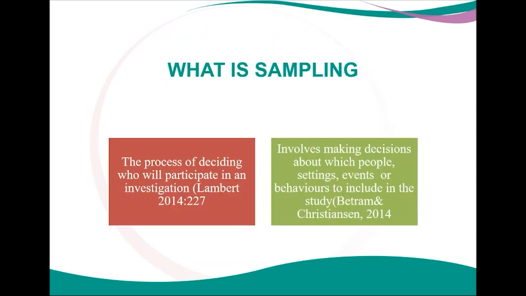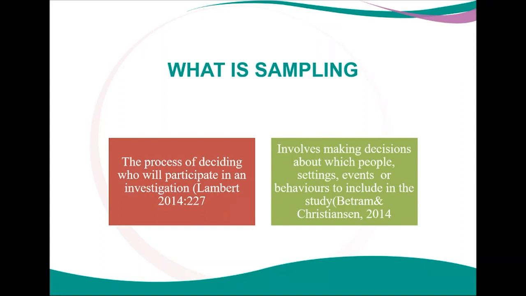So the next aspect that I want us to talk about is sampling. What is sampling? So according to this writer, sampling is the process of deciding who will participate in the study.